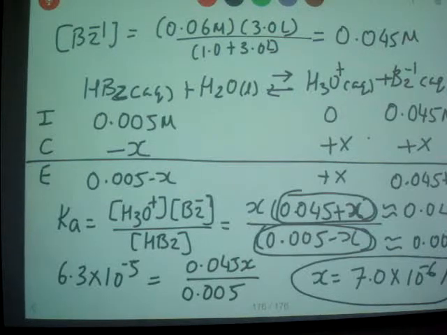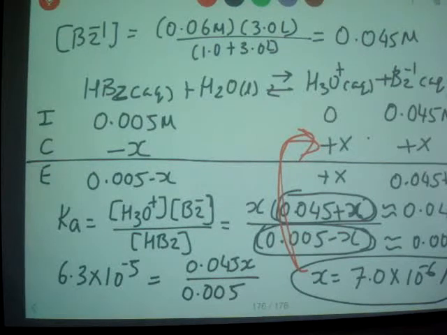That's the concentration of H3O plus. Now, can we calculate pH? Yes, pH equals minus log of the H3O plus ion concentration, right? So this is the concentration of H3O plus at equilibrium.